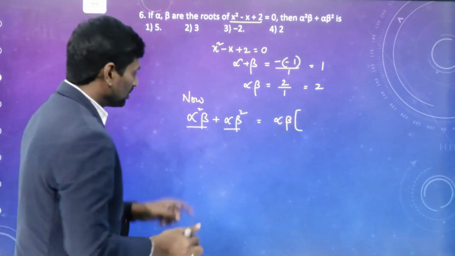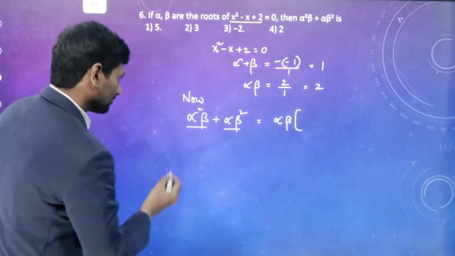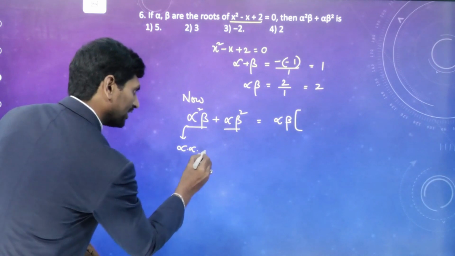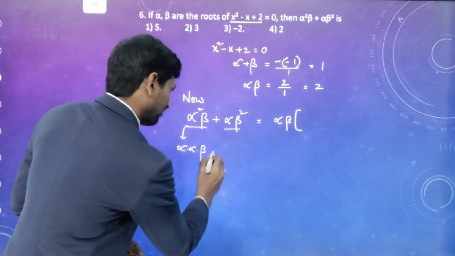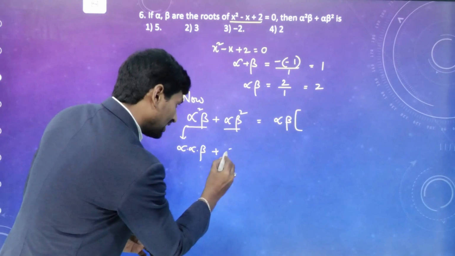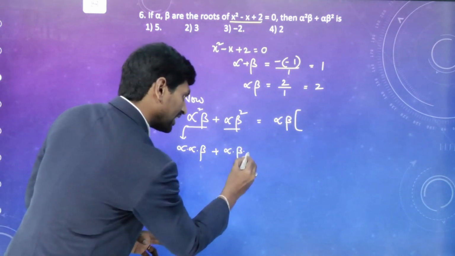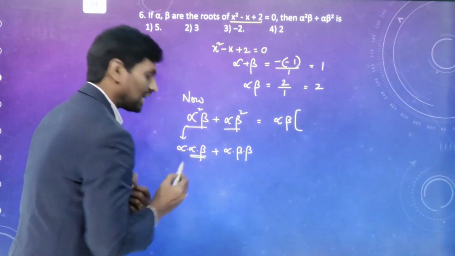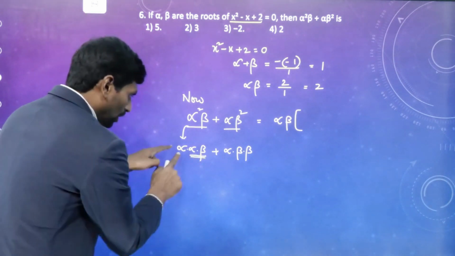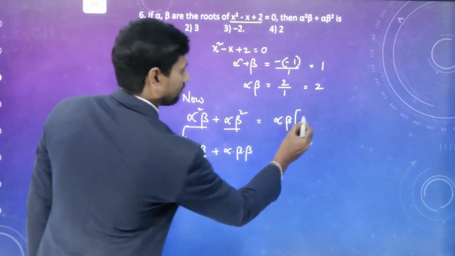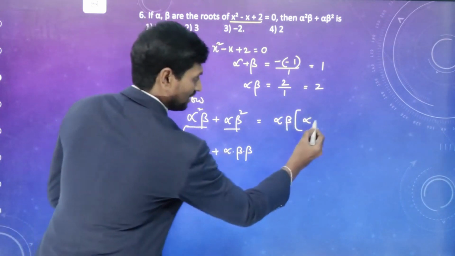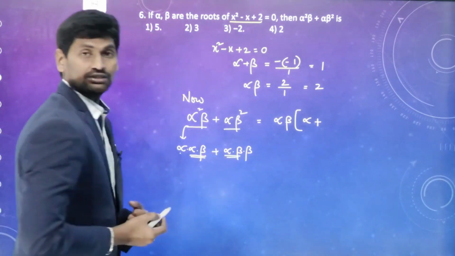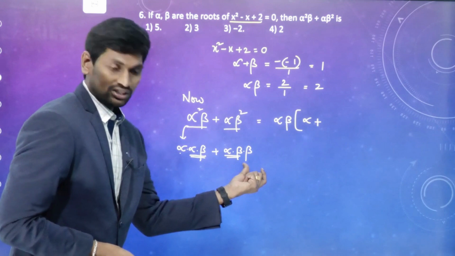From the first term, what is the remaining term here? Alpha square beta is nothing but alpha into alpha into beta. Same way, alpha beta square means alpha into beta into beta. From the first term, if you take alpha beta as common, what is the remaining? Alpha. Now plus symbol. From the second term also, if you take alpha beta common, what is the remaining part? Beta.